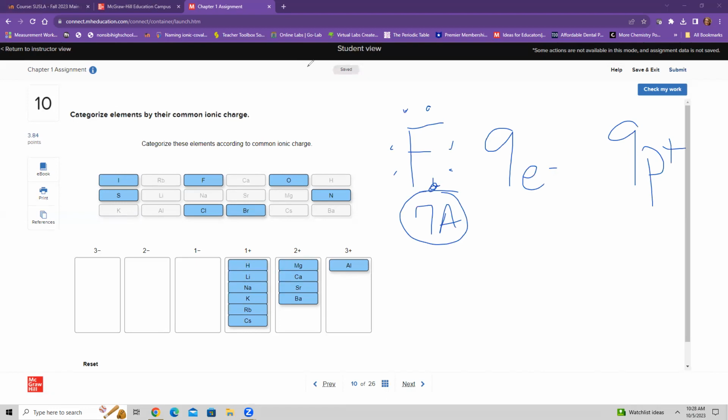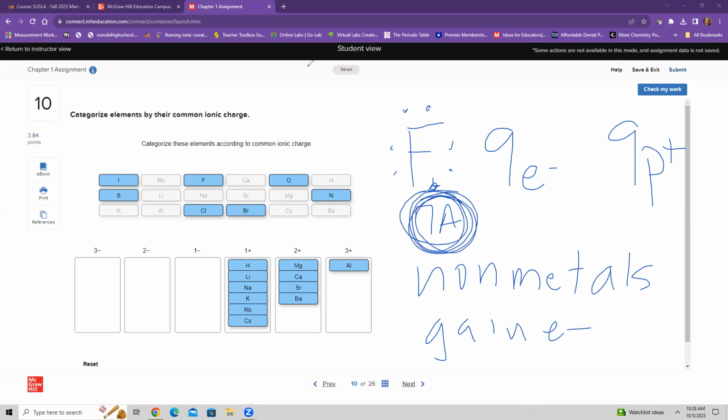As you can see, instead of losing 7 electrons, which is a lot of them, non-metals gain electrons. And how many? Based on this, they want 8 electrons around them.